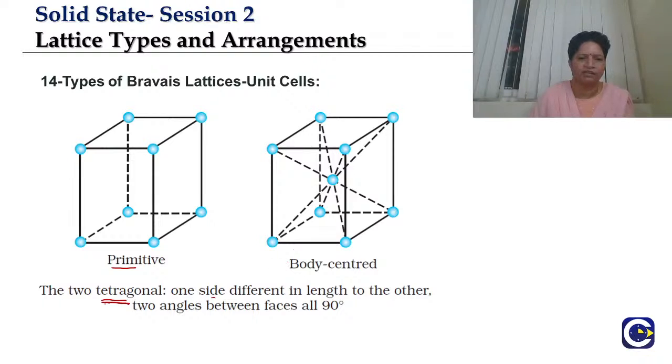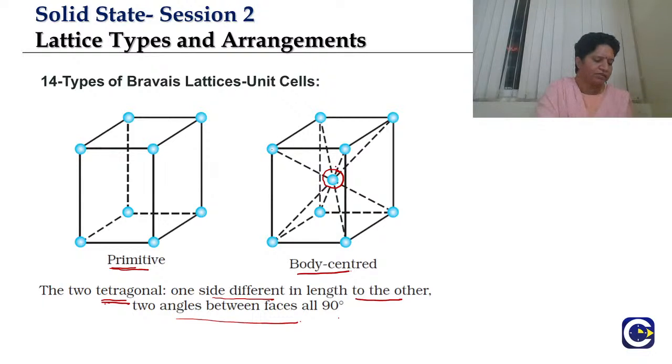All angles between faces are 90 degrees: alpha equal to beta equal to gamma equal to 90 degrees, but one of the edge lengths is different. The types are primitive and body centered. What is body centered? Along with the corners, we have one more lattice point at the center of the body.